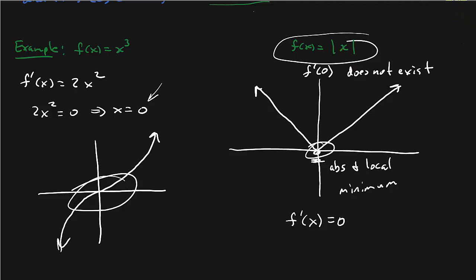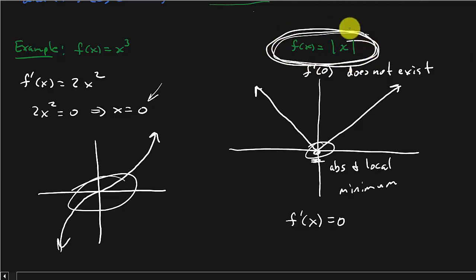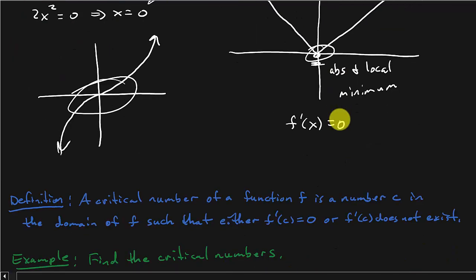Let me pause the video and I'll come back and tell you which video it is. Okay, it's called the derivative as a function. It's in this playlist. In that video, I show that the derivative of the absolute value of x at 0 does not exist.